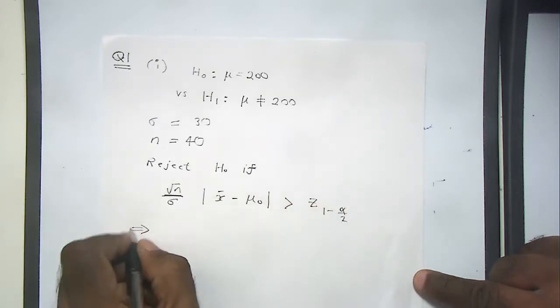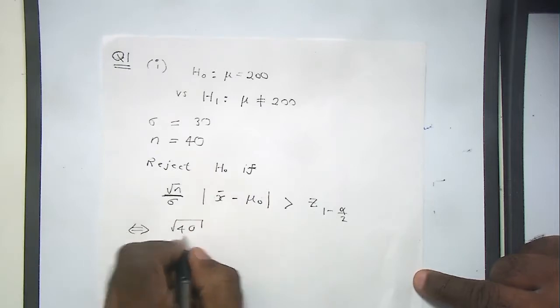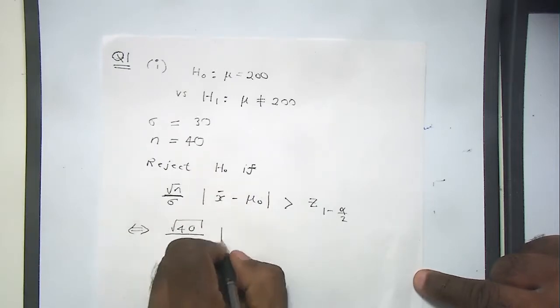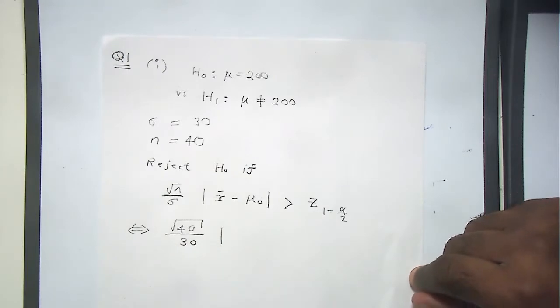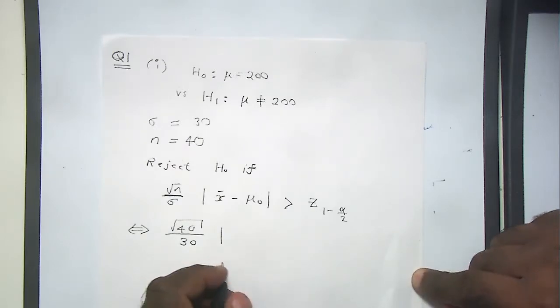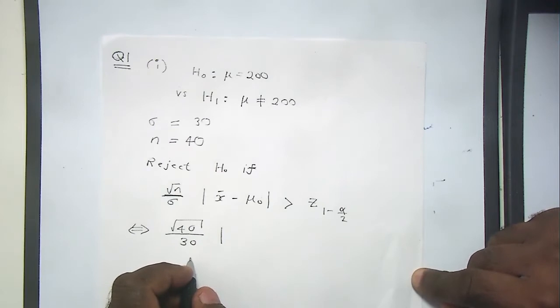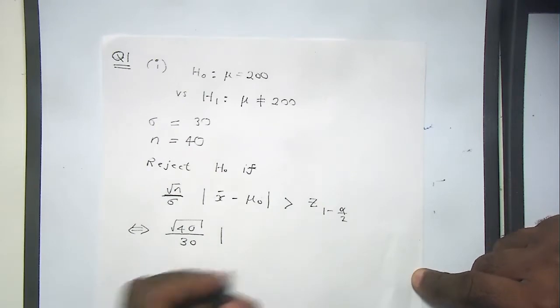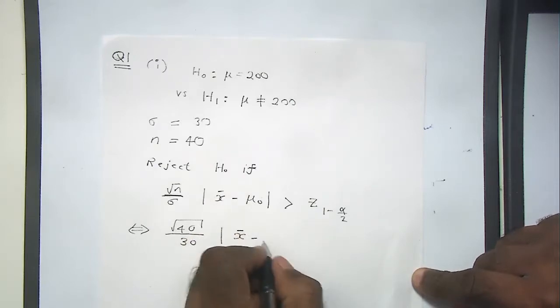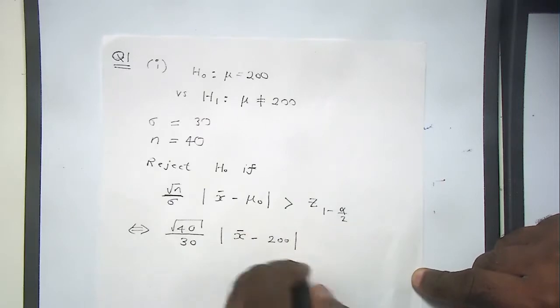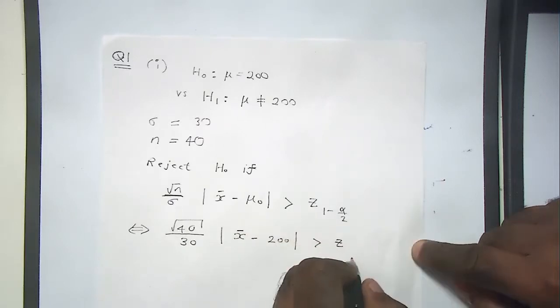Now n is 40, so square root of 40 divided by sigma, which is 30, times x bar minus mu 0, where mu 0 is 200, is greater than little z 1 minus alpha by 2.